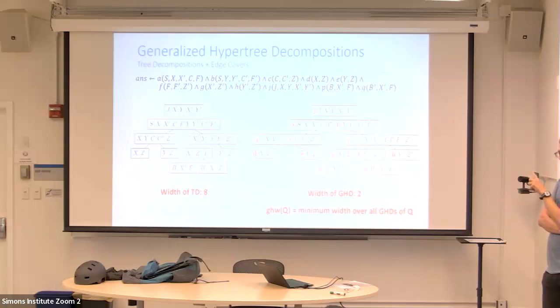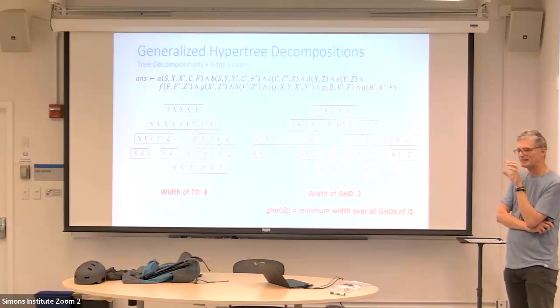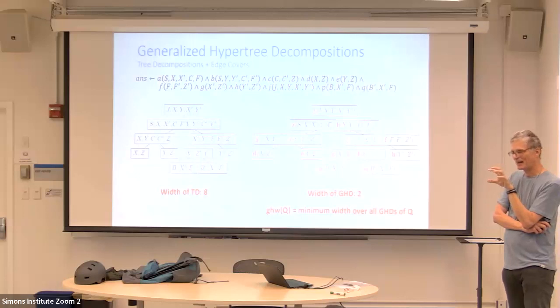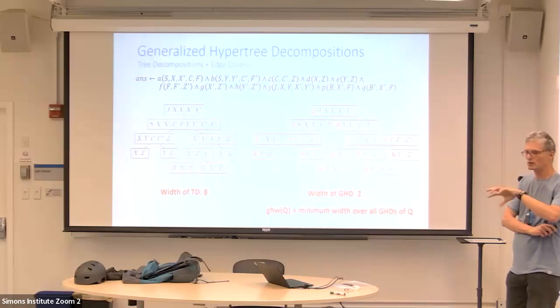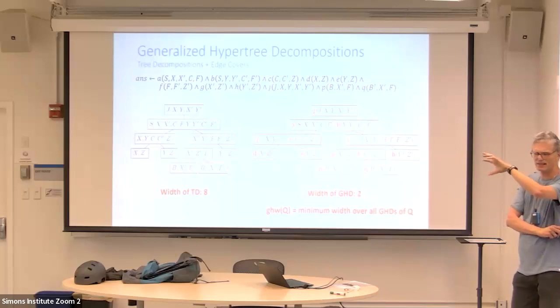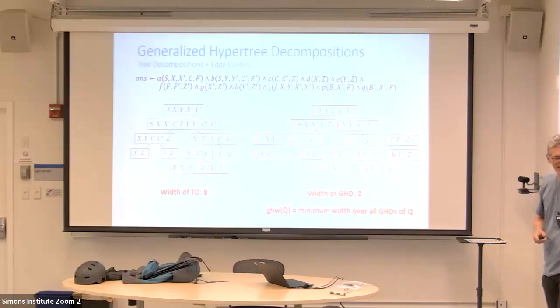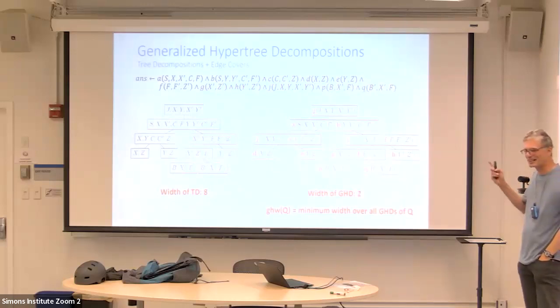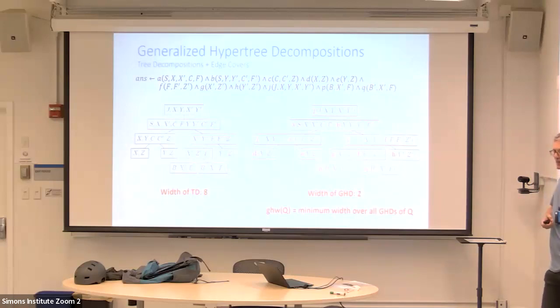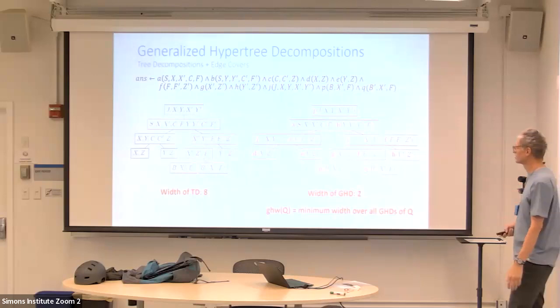And Gottlob, Leone, and Scarcello in their HyperTree width paper showed that detecting query width bounded by some constant is NP-complete, because they managed to reduce the exact cover problem to this one. So it's really important that we can have projections of the original queries.